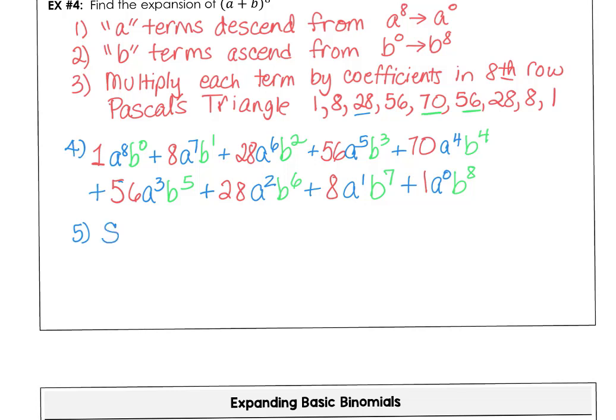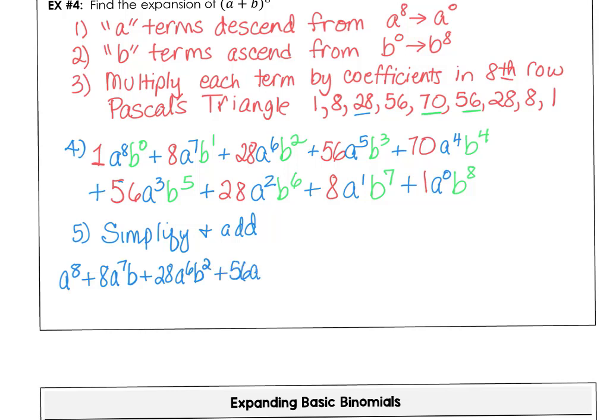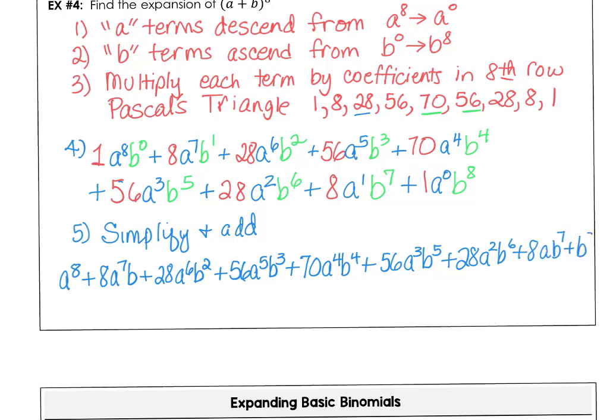So we want to simplify and get rid of those 0 powers and then add all the terms together, and we're going to end up with a to the 8th, 8a to the 7th b, 28a to the 6th b to the 2nd, 56 a to the 5th b to the 3rd, 70 a to the 4th b to the 4th, 56 a to the 3rd b to the 5th, 28 a squared b to the 6th, 8a b to the 7th, and 1 b to the 8th.